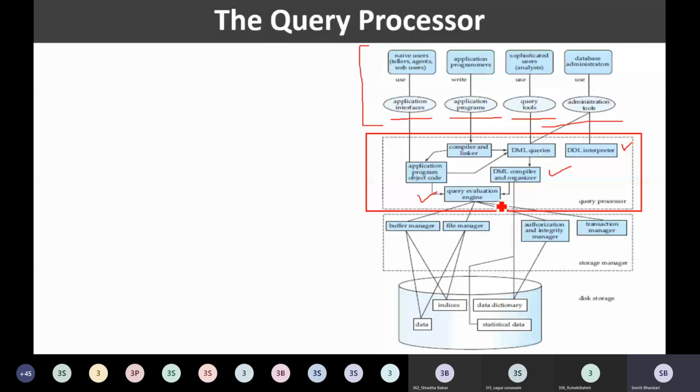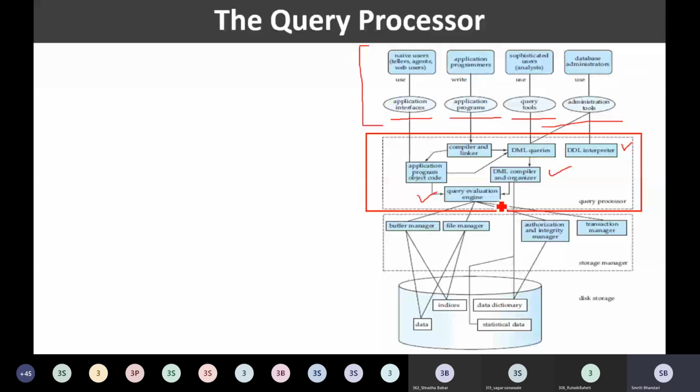Sometimes it may happen that we want to extract some data from the database, and we may write more than one SQL statement or select statement to perform the same task.